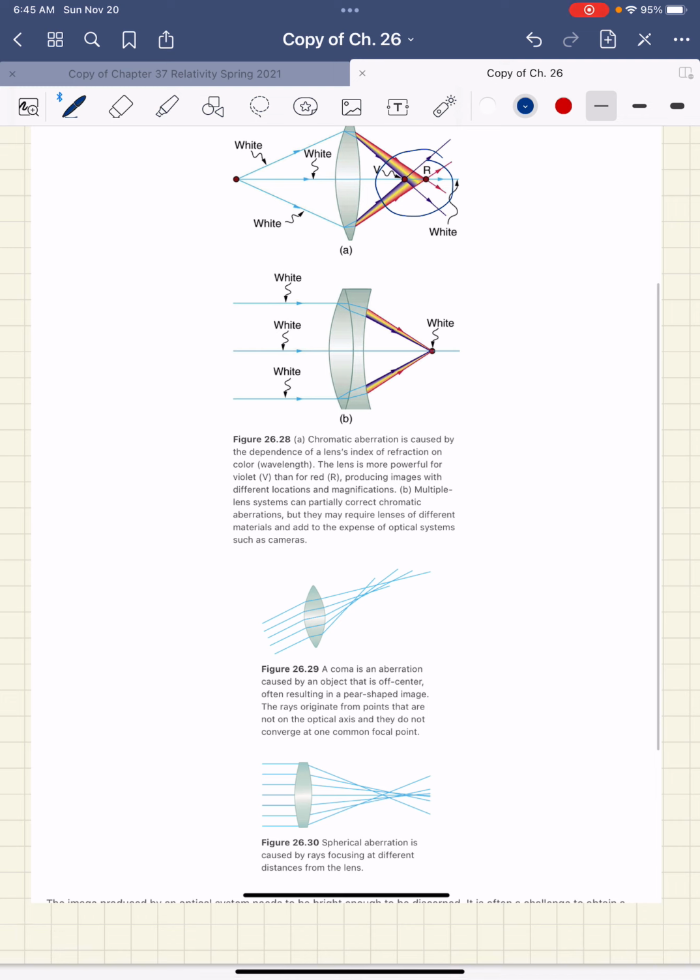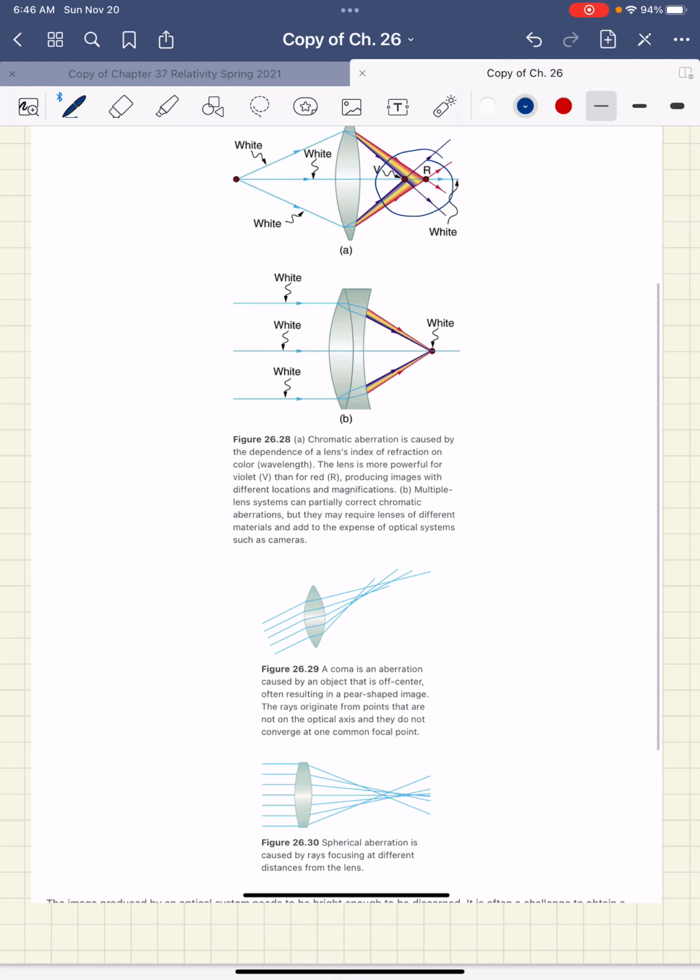There is also something called coma, which is an aberration caused by an object that is off center, often resulting in a shape where the refracted light has a deformation.